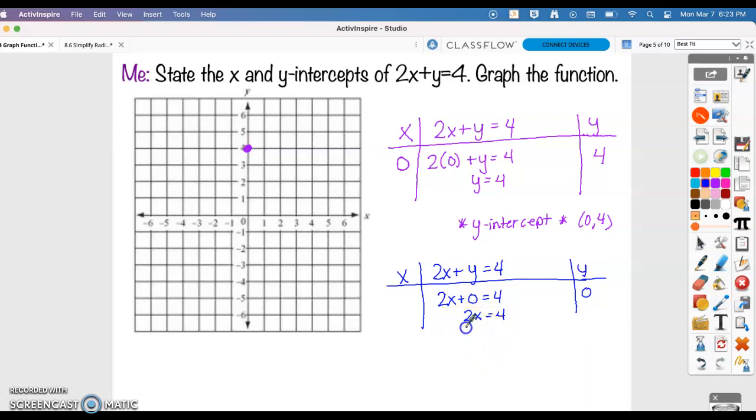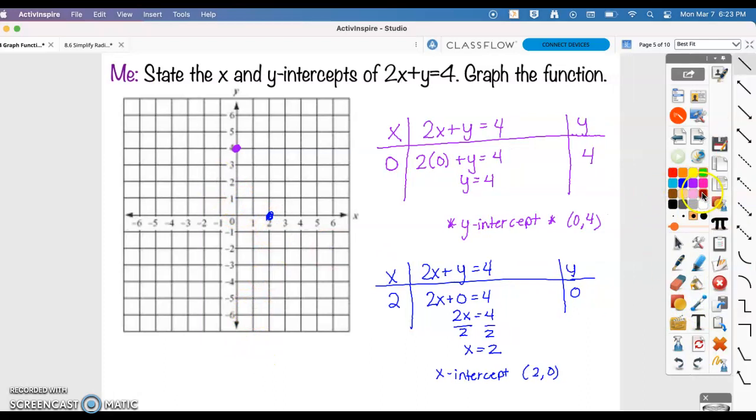Solve for x. It's being multiplied, so I'm going to divide. x is equal to 2. So this is my x-intercept, which would be 2, 0. So I go over to the 2, 0. I've got 2 points. Now I can draw my line between those 2 points.